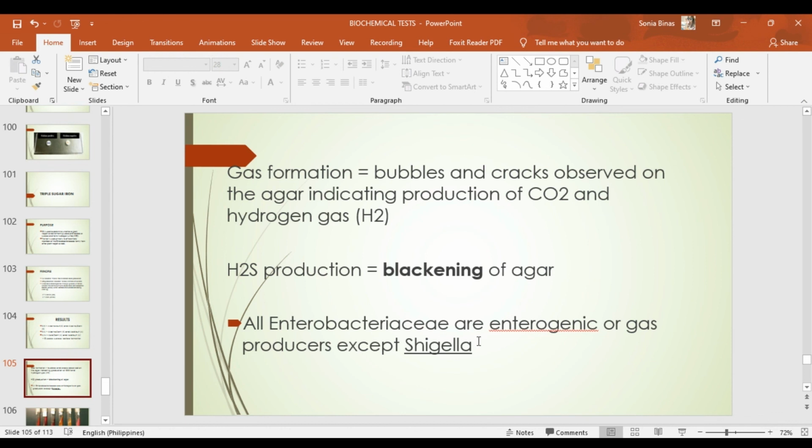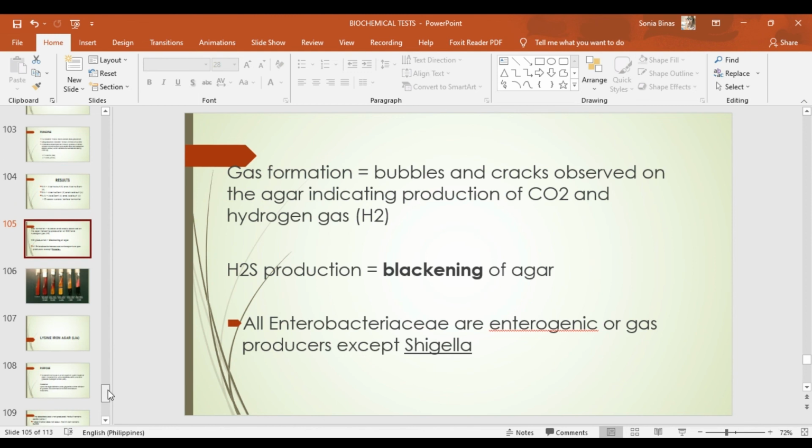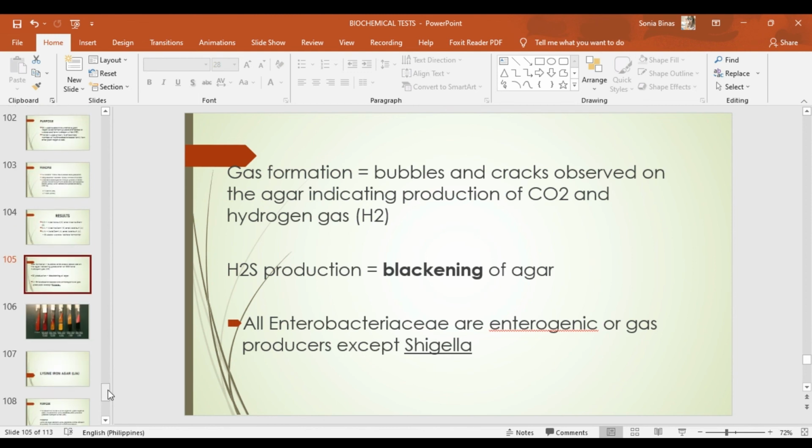So, all members of Enterobacteriaceae are enterogenic or gas producers except Shigella. Ano po? So, sabi, ang Pseudomonas, E. coli, Kleb, all are gas producers except Shigella. Magkaiba po yung gas production and H2S production.